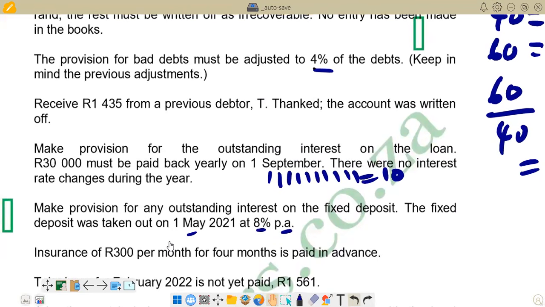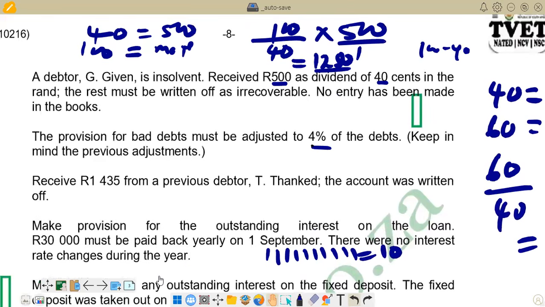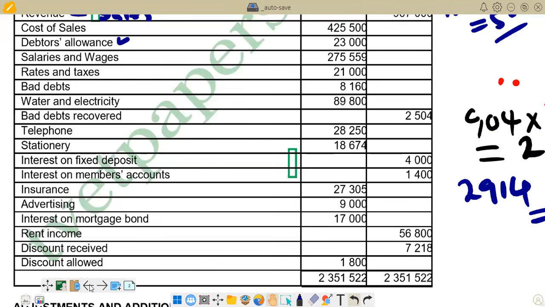Only for fixed deposits, then we check there. Then we go back there and try to see what we have in the question. Interest on mortgage loan, we are given 17,000. And we check if we have got any adjustments in terms of that.